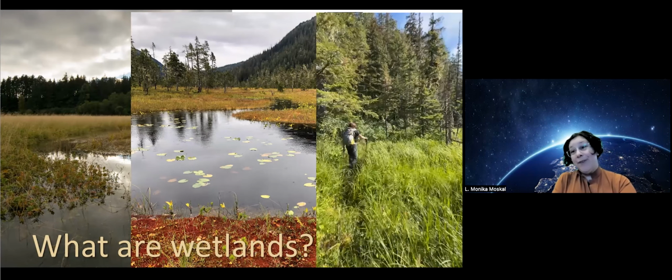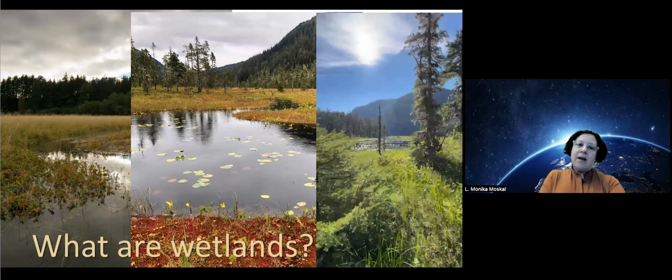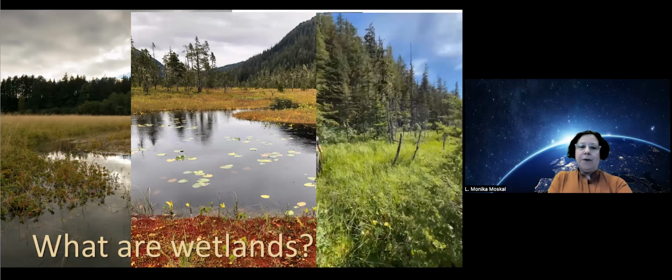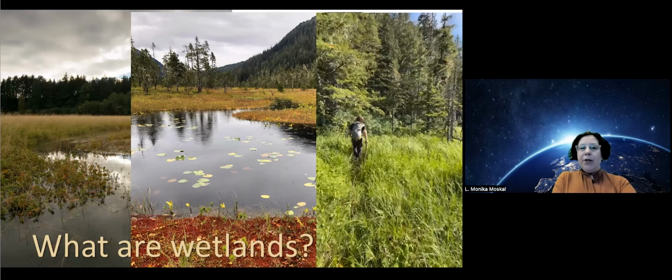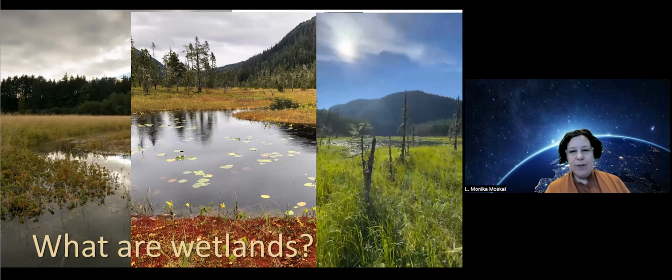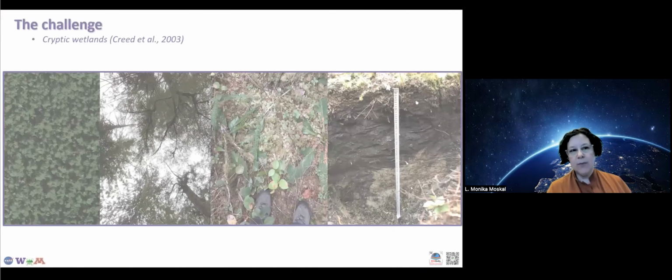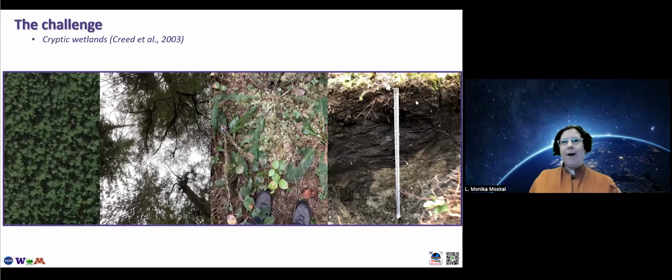Wetlands are a difficult thing to define, and often we start these conversations with our stakeholders, asking them, what do you think wetlands are? What are wetlands? We do that because wetlands are cryptic. They're really challenging to work on.